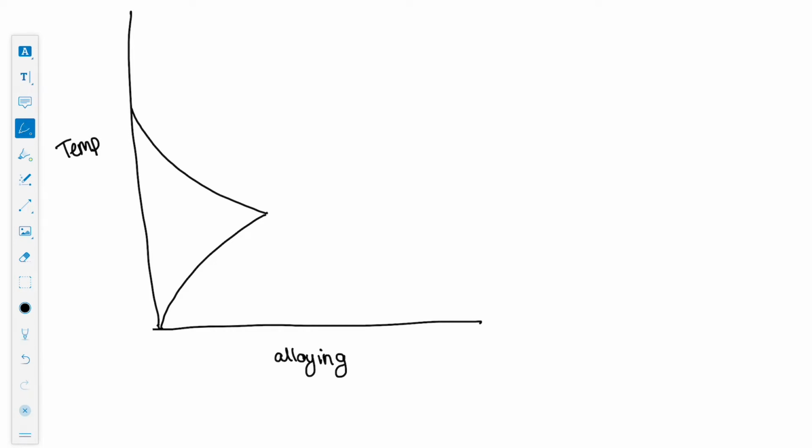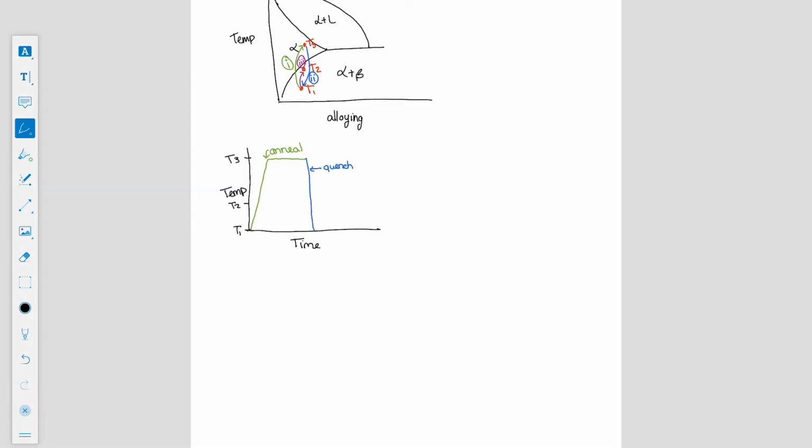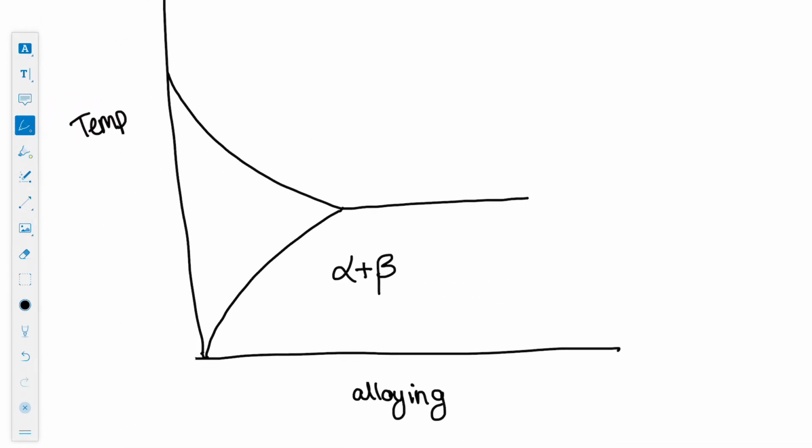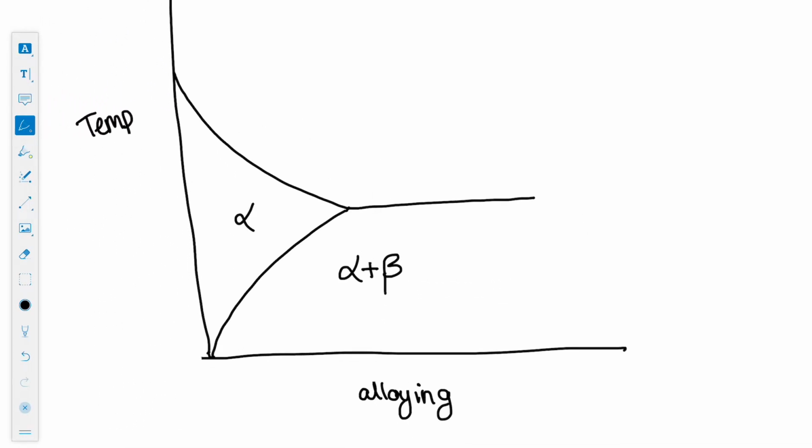So what I specifically want to consider is one scenario. In this scenario, we're going to have an alpha and a beta phase on the lower region of our phase diagram. And then, whoopsie daisies, we are going to have the alpha region on the left-hand side.